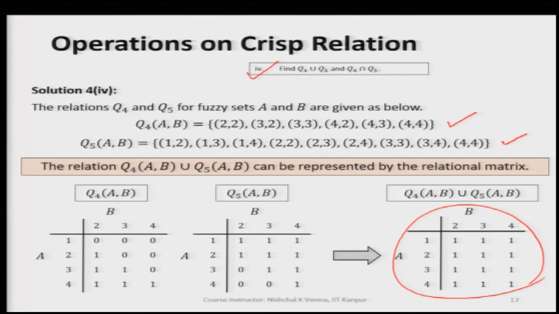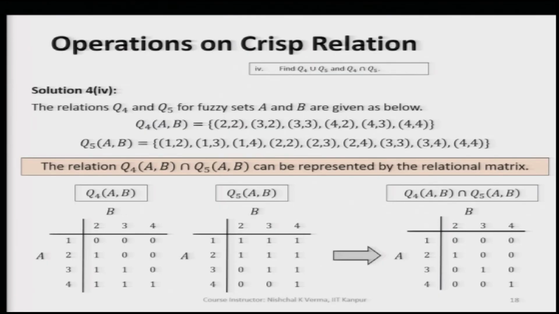So, for Q4 and Q5, we look at the relational matrix, and then we keep all the ones which are in either of the relation sets, Q4 and Q5. Now, when we are taking the intersection, we only take the common ones.